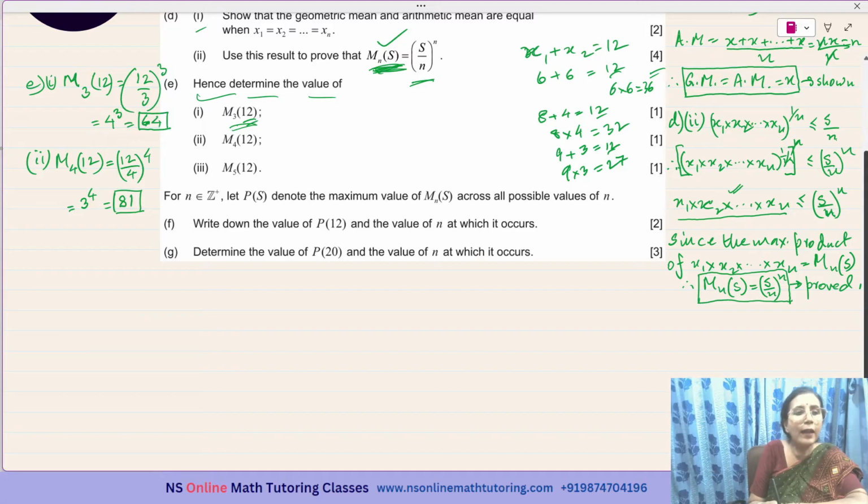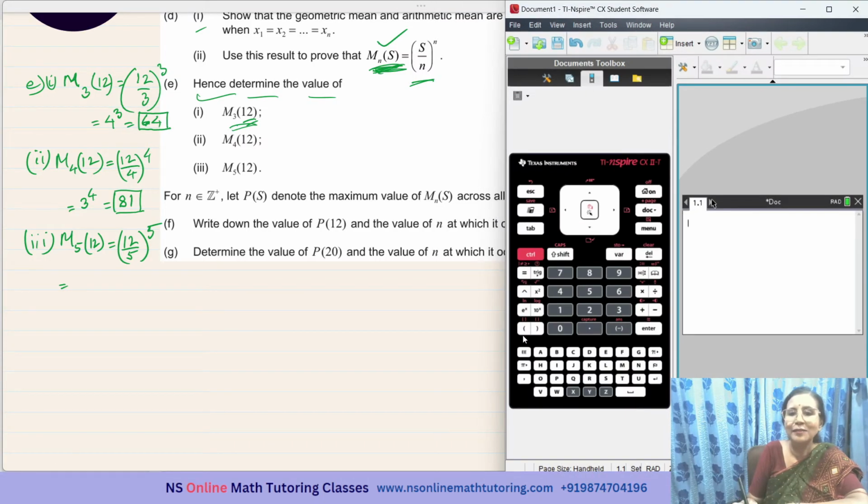And M5, okay, M5 of 12 is equal to 12 over 5 raised to the power of 5. This time I'll be needing the calculator. Okay.